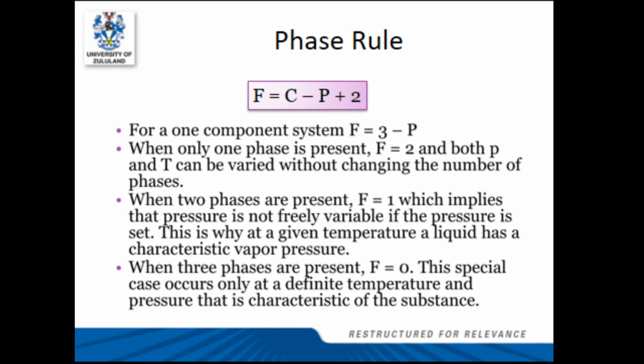So in a nutshell, when I try to summarize this particular slide, for a one component system, remember that F is equal to 3 minus P. And for a one component system, we can have various scenarios: the first one, where one phase is present; the second one, where 2 phases are present; and the last one, where 3 phases are present.